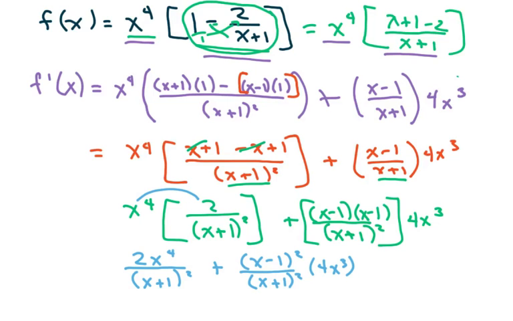All right, now what I'm going to do, on the next slide, is multiply these two. I'm going to combine these because I have the same denominator, and I'm going to multiply this inside. So let's do that.